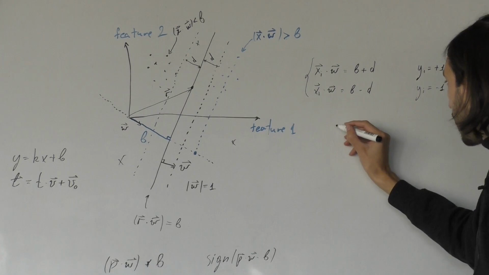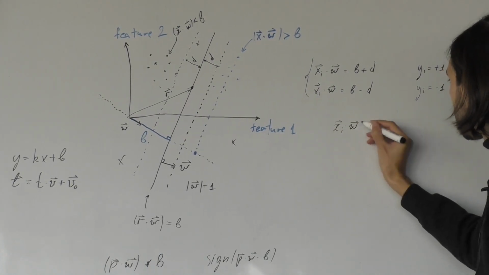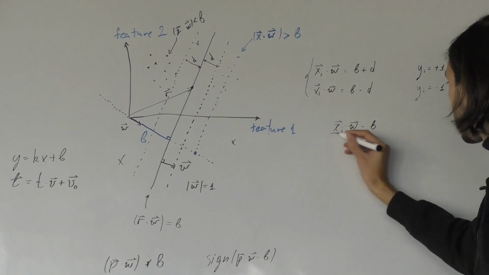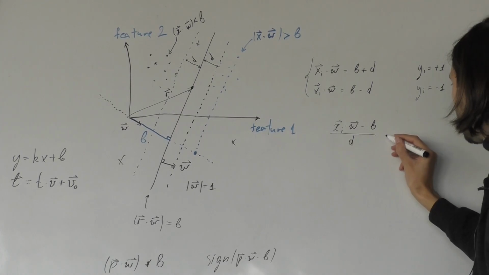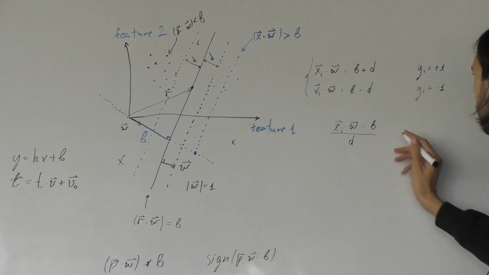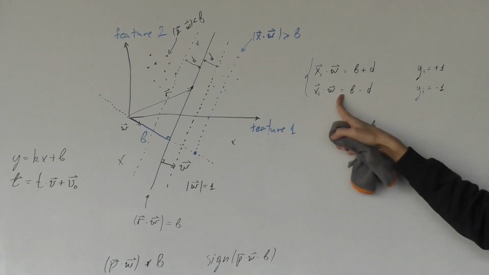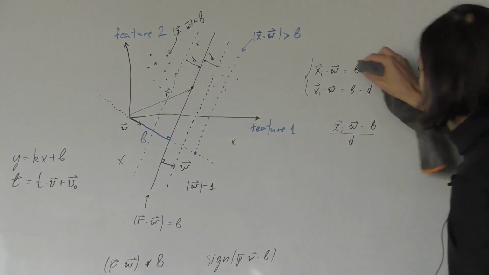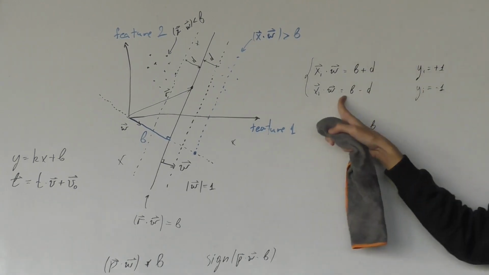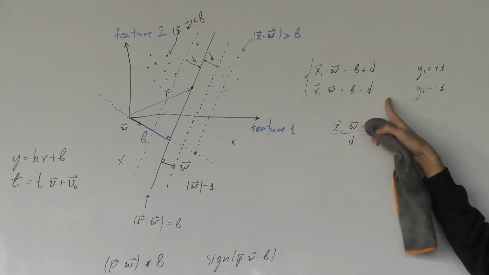So let me rewrite the first equation like xi times w minus b divided by d should be, okay, let's do it this way. I want to write that for all points. This was for the closest points I have here. So let me write that for all points. What should I do to make these things true for all points of the data set?